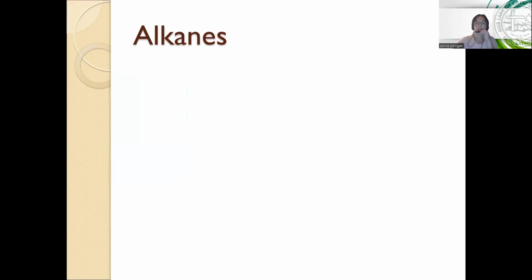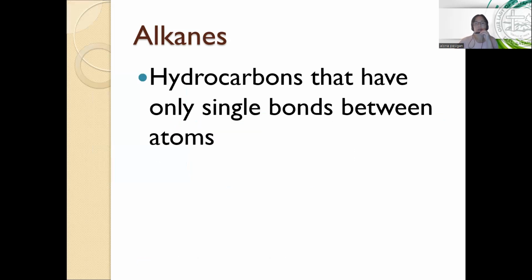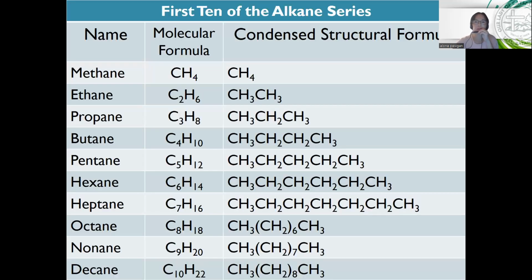Okay, what are alkanes? Alkanes are hydrocarbons that have only single bonds between atoms, and the formula is CnH2n+2. Okay, single bonds for carbon and hydrogen. So take note of the family of the first 10 of the alkane series.